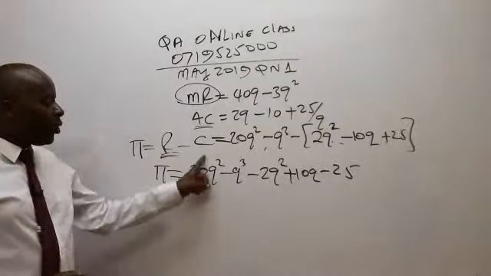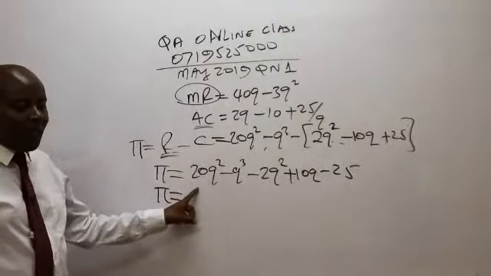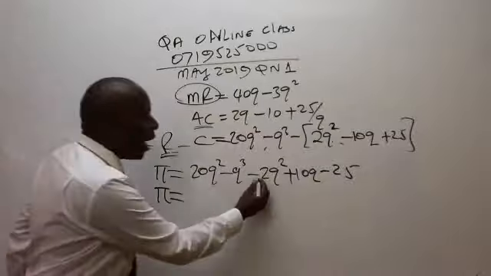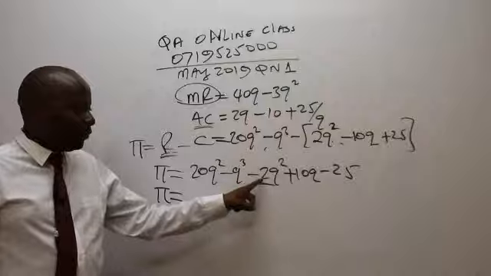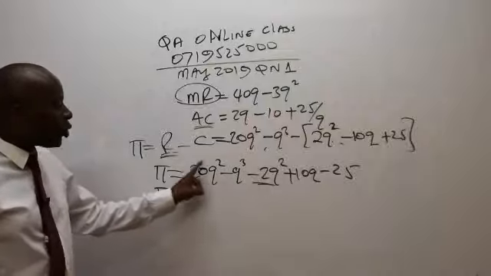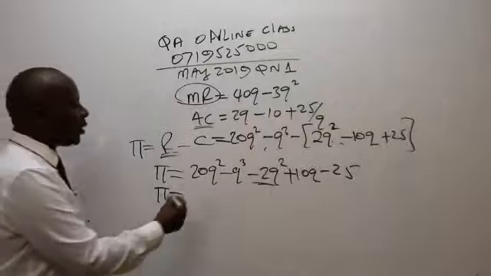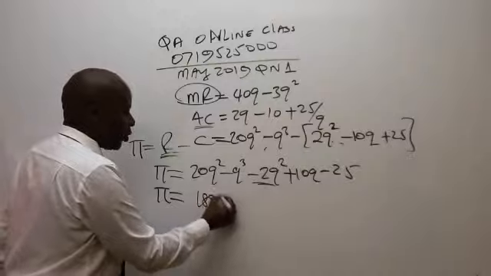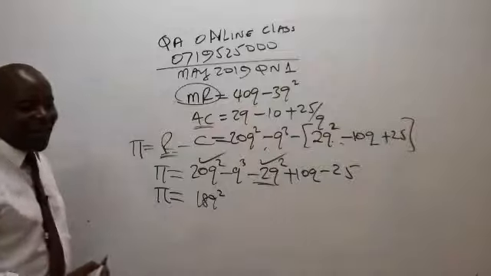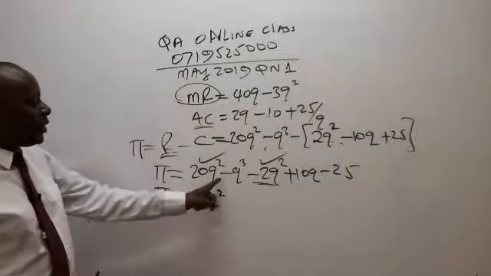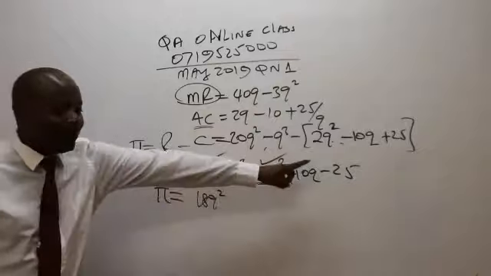Like this 20Q squared, do we have a like term for the same? Yes, I can see minus 2Q squared. Remember, I have to read the sign which is before. So 20Q squared minus 2Q squared, this will give us what here? 18Q squared. So I have to tick this because I've taken care of the Q squared term. From there, we have this Q cubed. It doesn't have a partner.